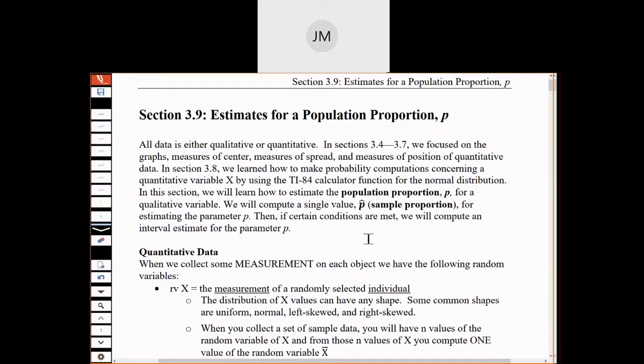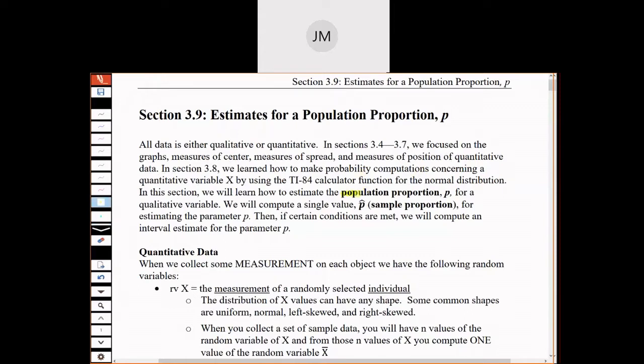So not only is our data going to be non-numeric, but we're going to simplify it even further and focus just on a yes-no type of situation, where we have two responses. Because that's the simplest, and when we introduce a new idea, we want to start with the simpler cases. In statistics, we can expand from there, but we want to start with something that we can really get a hold of.